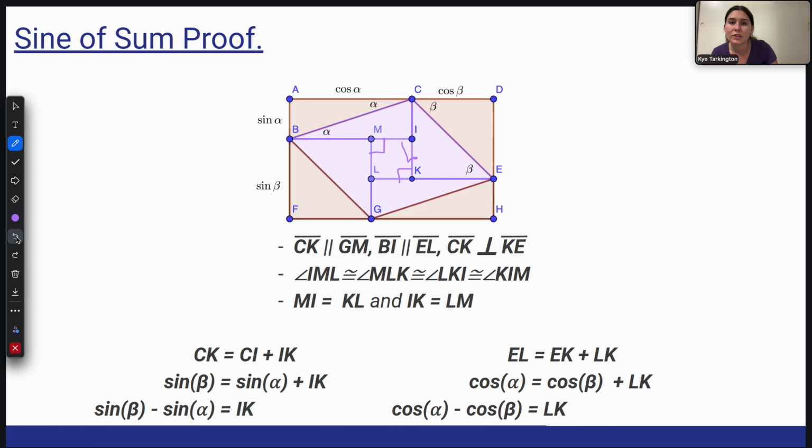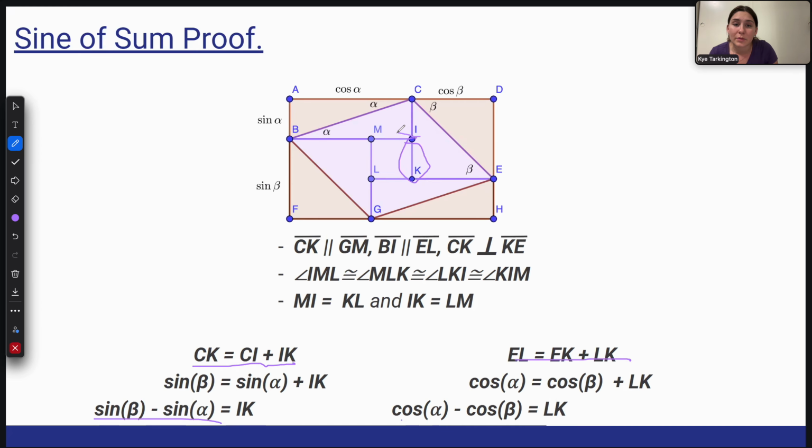And then we eventually find, using the definition of betweenness down here, that this segment right here is equal to sine of beta minus sine of alpha.